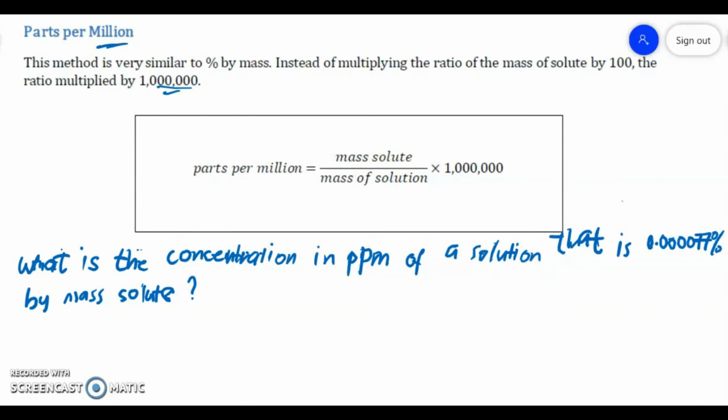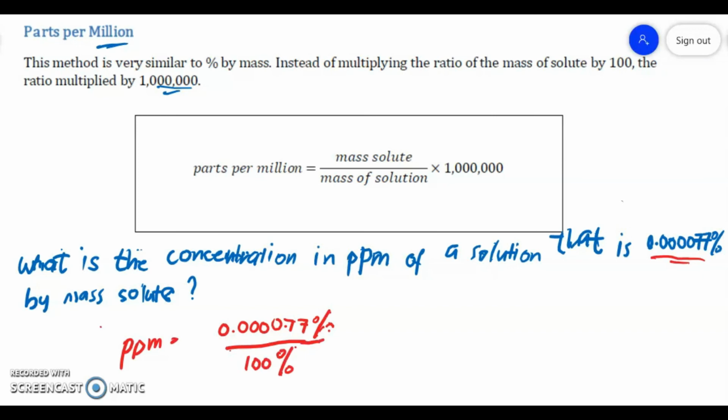Notice that the mass of solute is given in percentage form and not in grams. To solve for the parts per million, ppm equals the mass of solute, 0.00077%, divided by 100%, times 1 million.